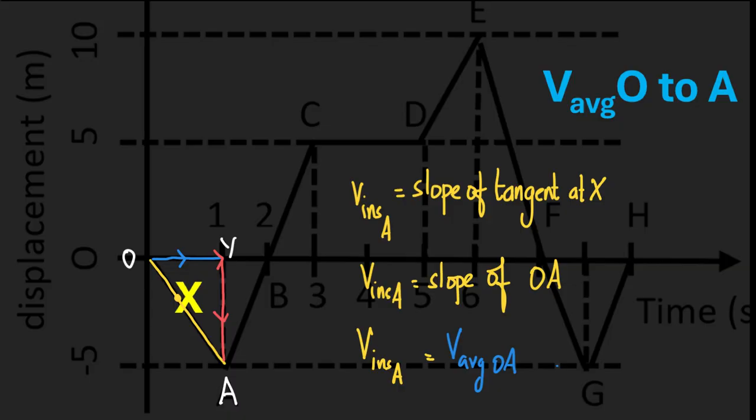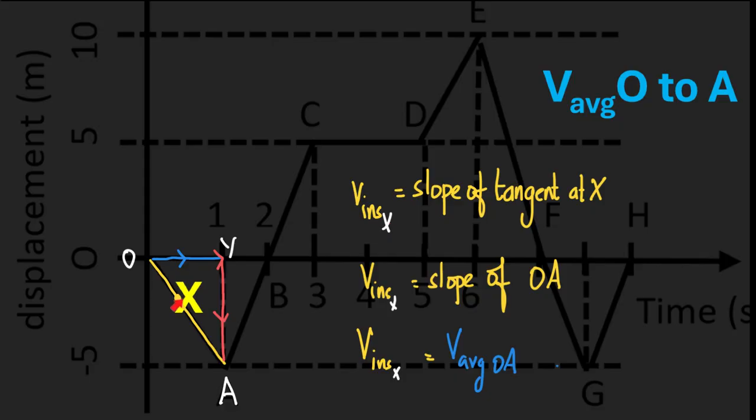Now, how do we find velocity instantaneous at x? So if we have to find the instantaneous velocity at x, we should draw the tangent first at x and then find the slope of it. One more time. How do we find the instantaneous velocity at x?